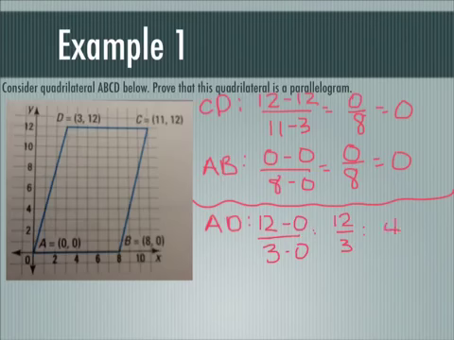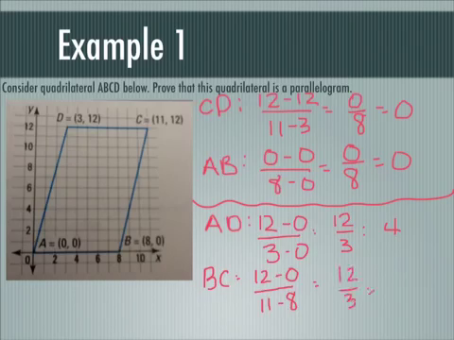And then I'm going to do the other one, from B to C. Which would be, again, 12 minus 0 over 11 minus 8, 12 over 3, which is 4.